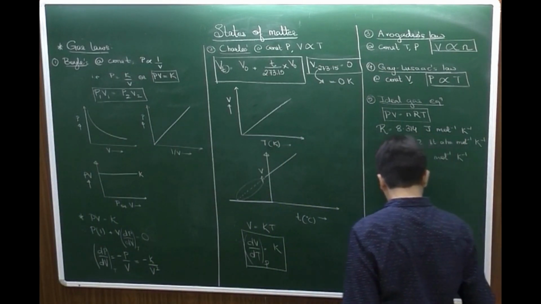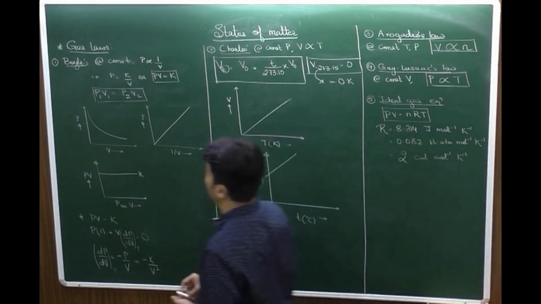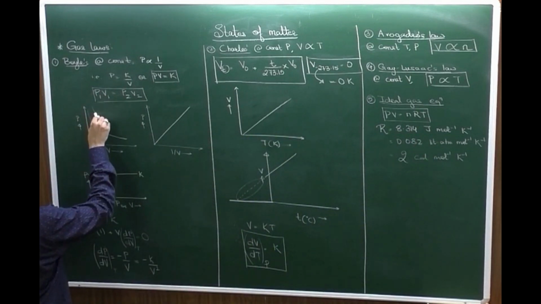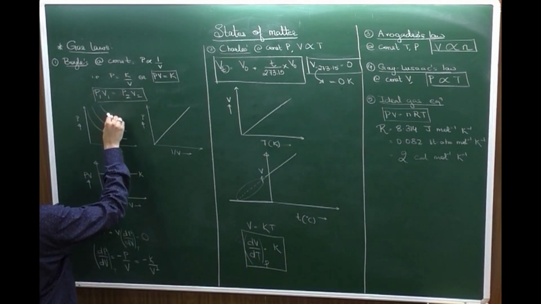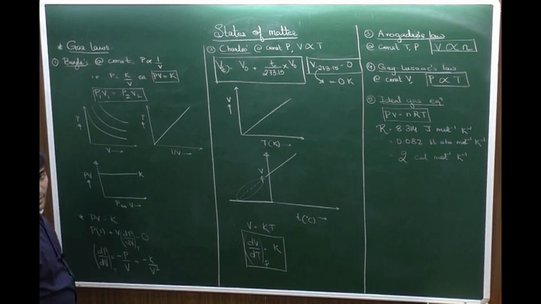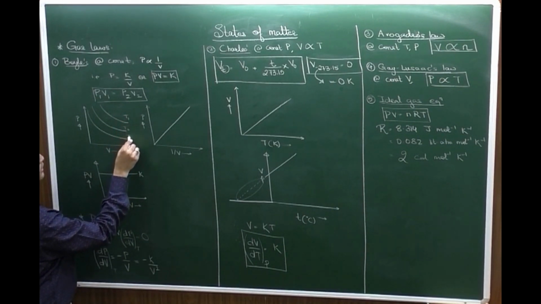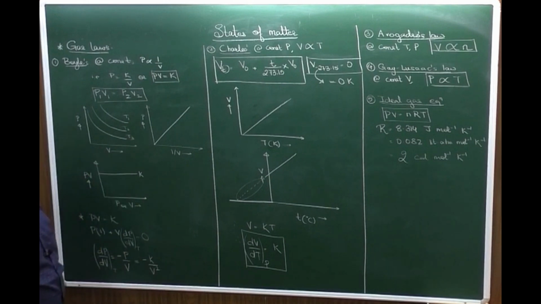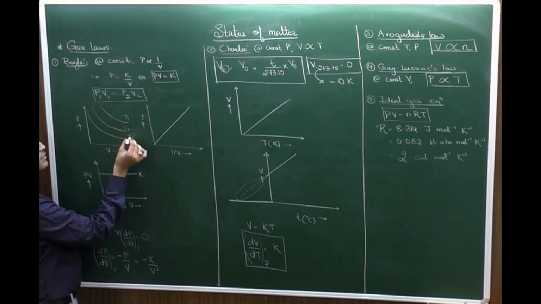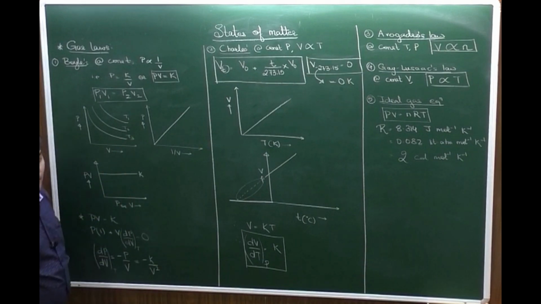Suppose this graph is given in Boyle's law and there are 3 curves given at different temperatures T1, T2 and T3. You are asked to compare the relation between T1, T2, T3. Meaning, is T1 a lower temperature or is T3 a lower temperature?